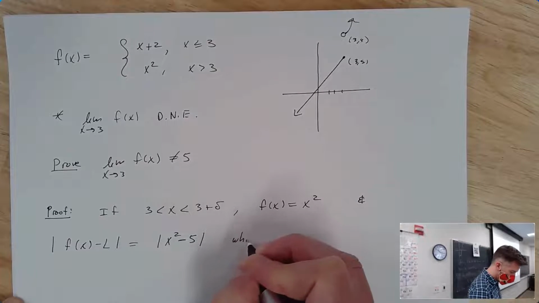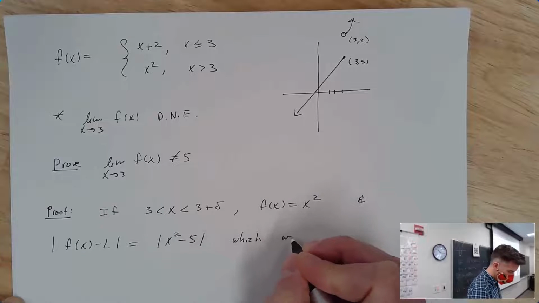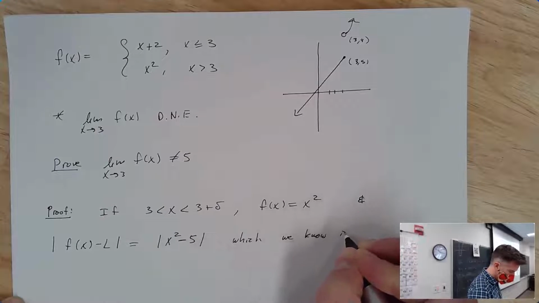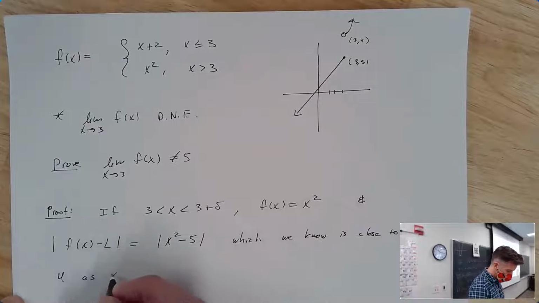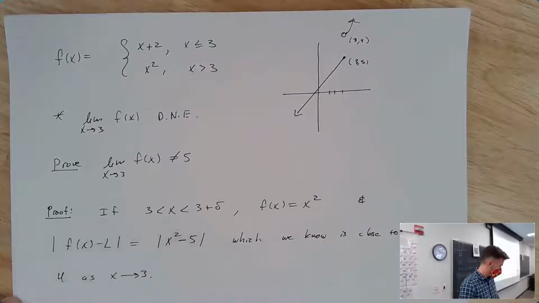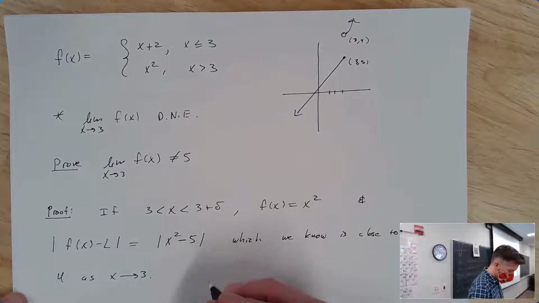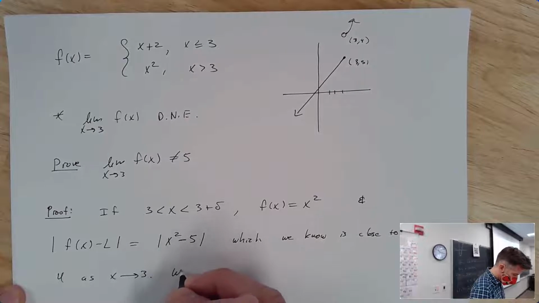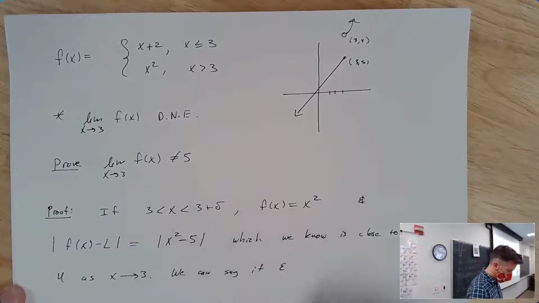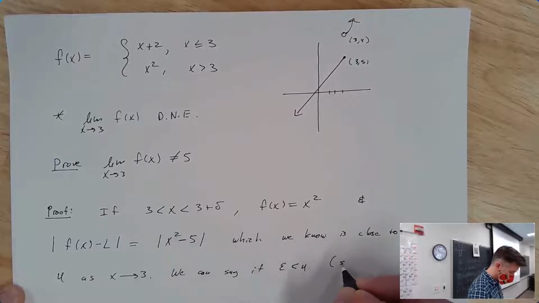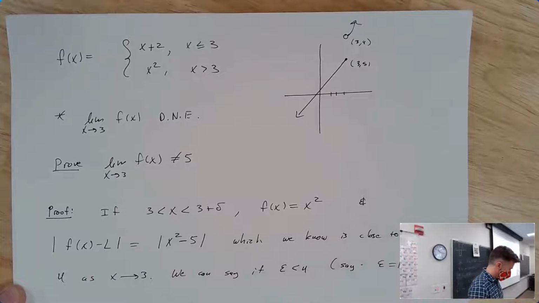which we know is close to 4 as x approaches 3. So we can say if epsilon is less than 4, say epsilon equal to 1, then here's what's going to happen.